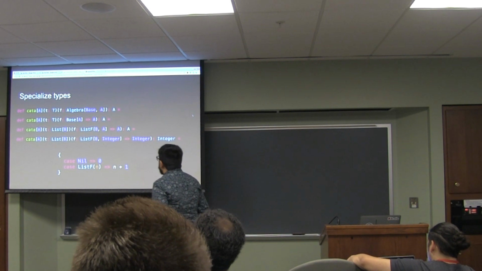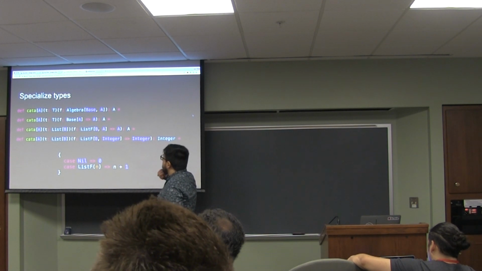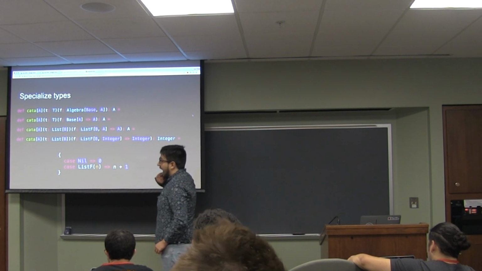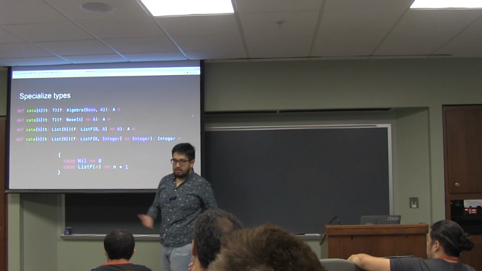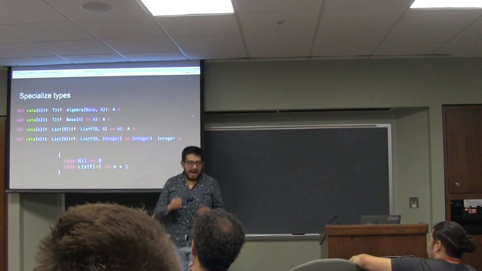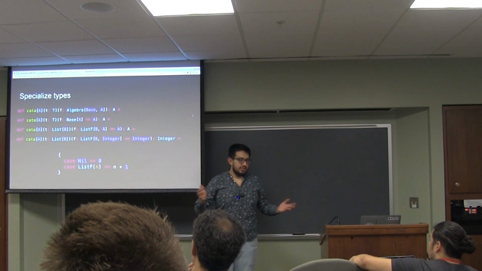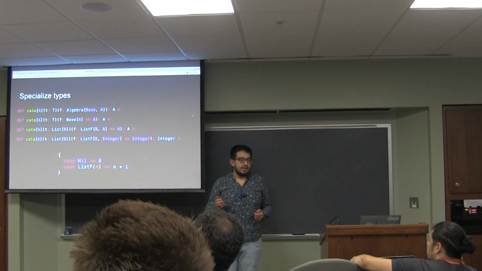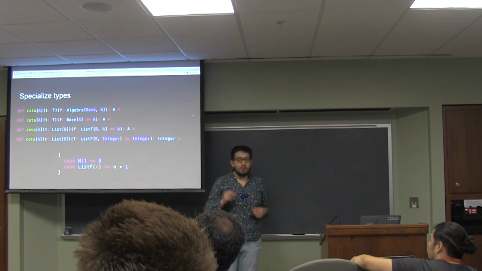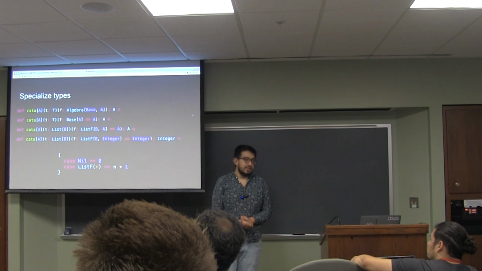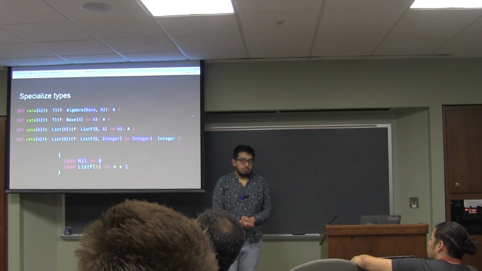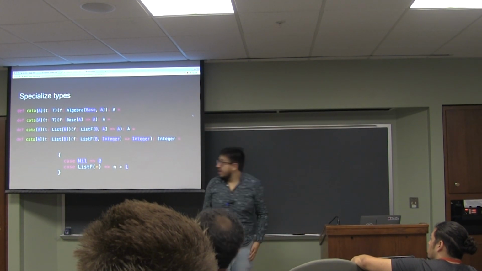So let's look at this again. Okay, so if I want to, for example, have a list and I want to get the length of that list, how is the length of a list represented? What will be the result of taking the length of a list? Yes, an integer, right?